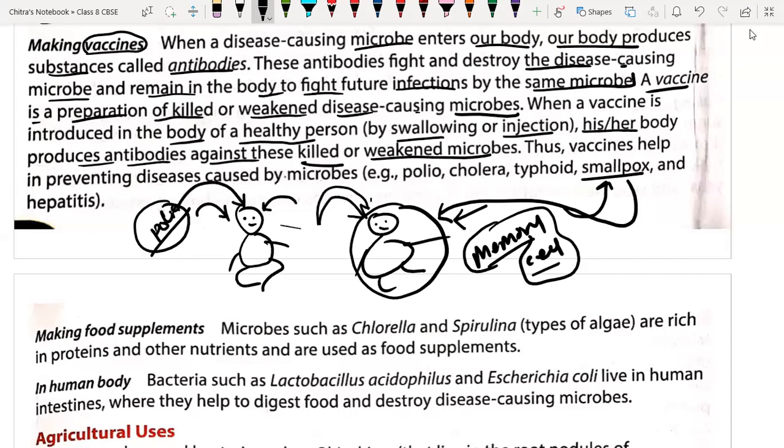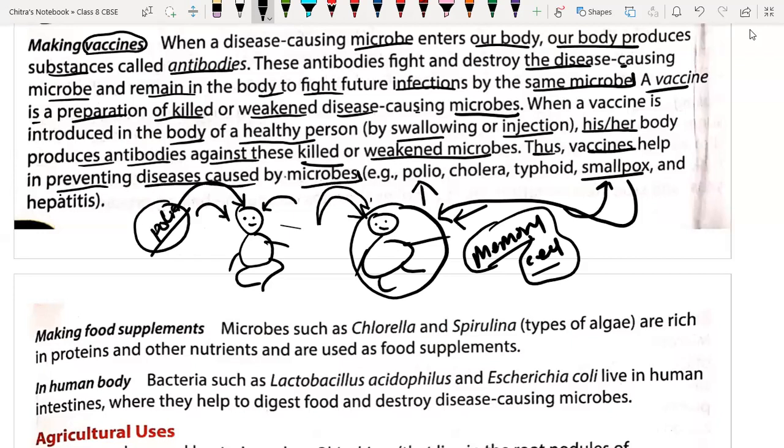So a vaccine is nothing but the immunity system being produced against a certain kind of bacteria, like the polio vaccine will get activated for the polio virus. So the polio virus is not going to affect like this. Okay. Thus vaccines help in preventing diseases caused by microbes.